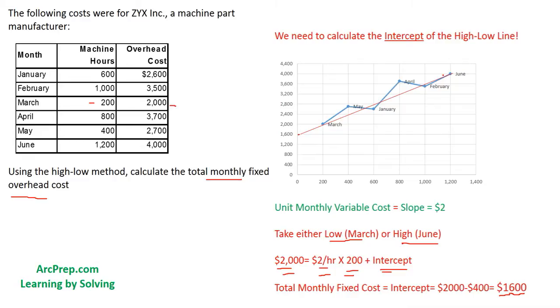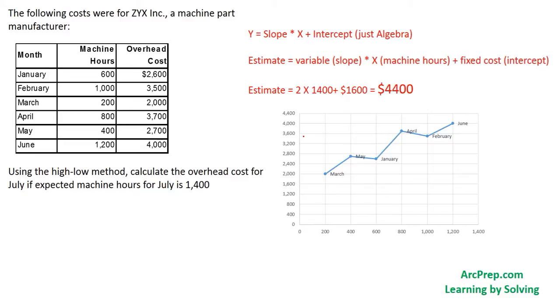And all I'm doing here is the math on an xy-axis graph to find the intercept, which is the total monthly fixed cost at zero activity, and the slope, which is how much the dollar amount of overhead is going to increase for every single machine hour. Now I know that my estimation curve is slope times x plus the intercept. So that is my curve, and I know that the slope is 2 and the intercept is 1,600.